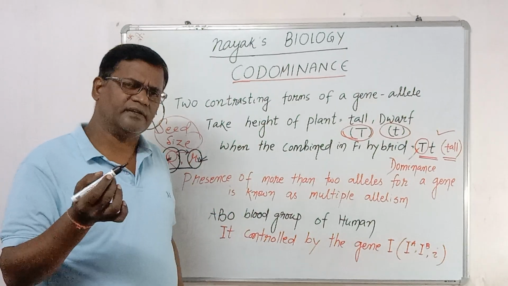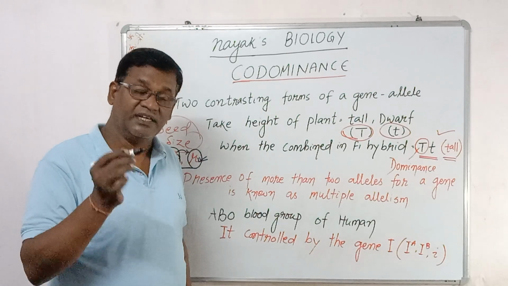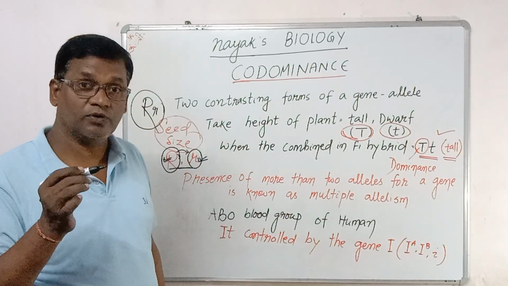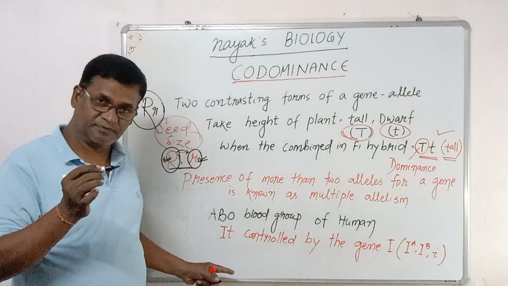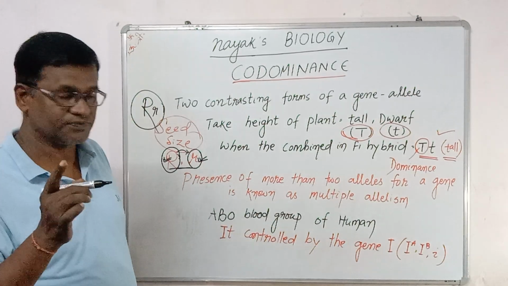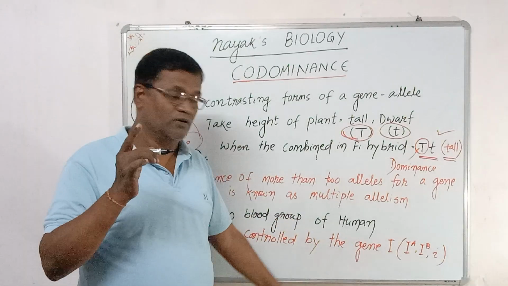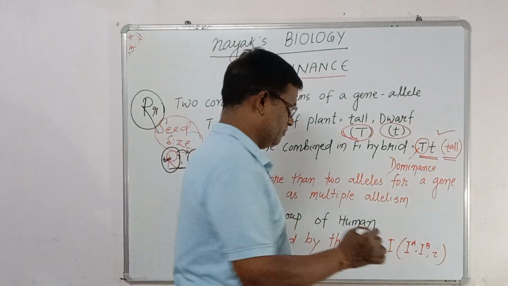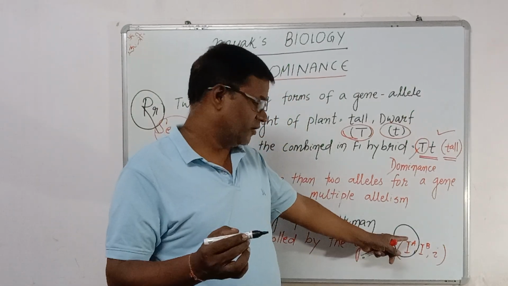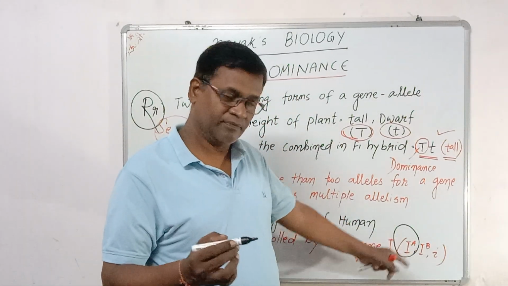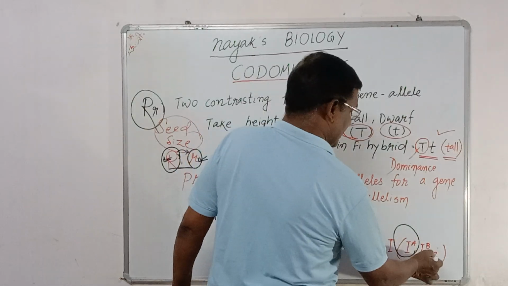Then what contains multiple allelism? It is our blood group. Our blood group is controlled by a gene called I, which has three forms. One is capital I with A on top, which is a dominant character.